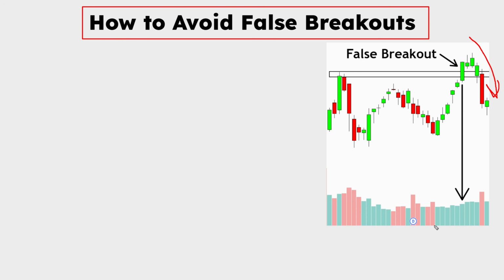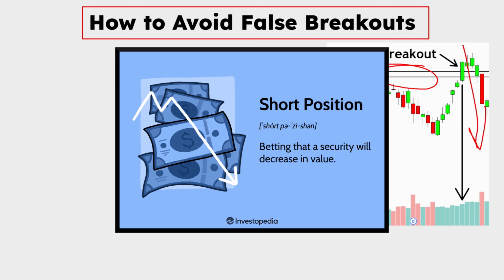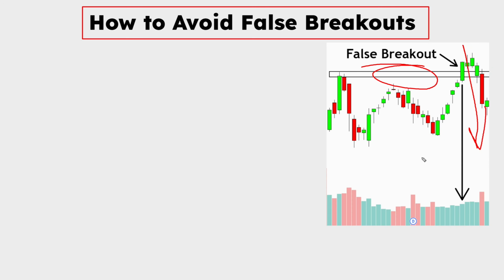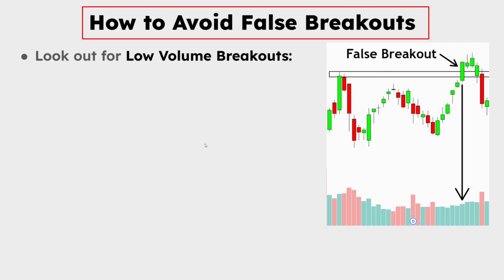What are the signs we can look out for when it comes to volume in order to find these false breakouts, either to avoid trading these false breakouts to the upside, but we can also use these false breakouts to short them when it comes to resistance or buy them when it comes to support. So let's take a look at this in a step-by-step manner.